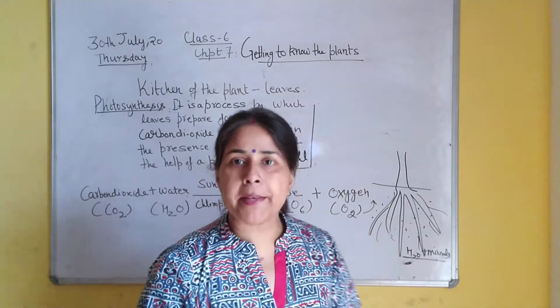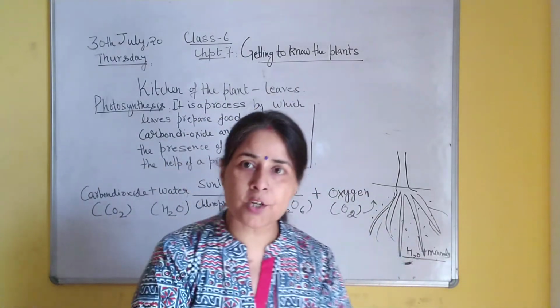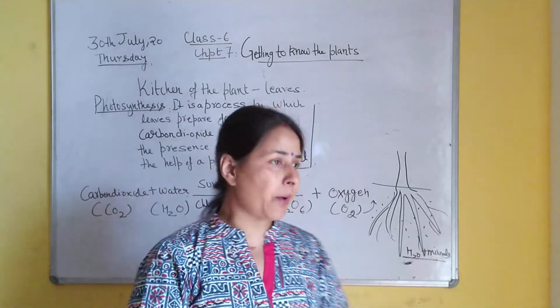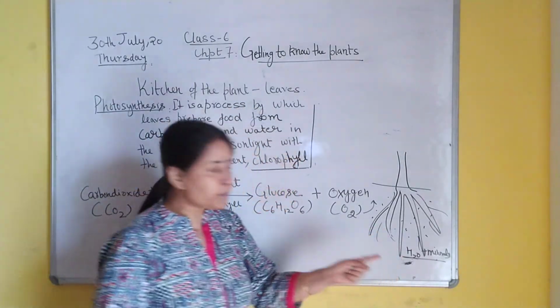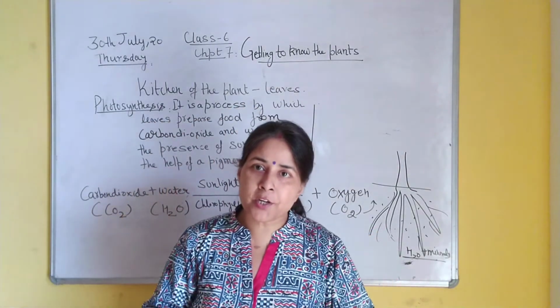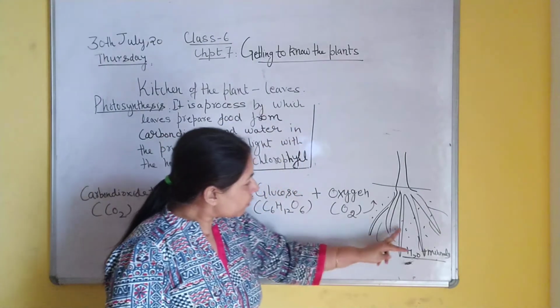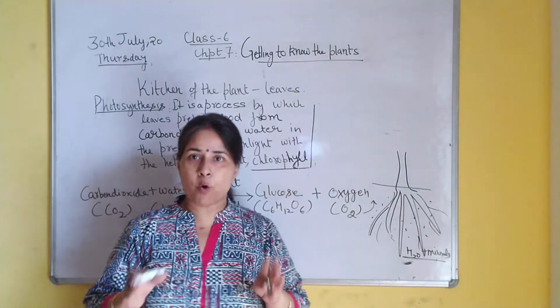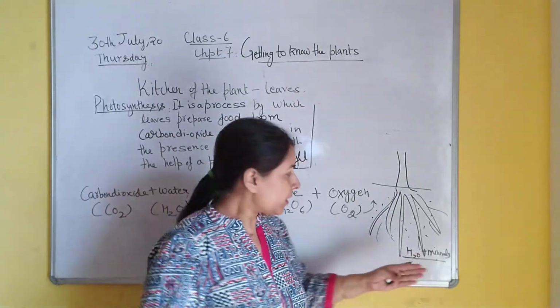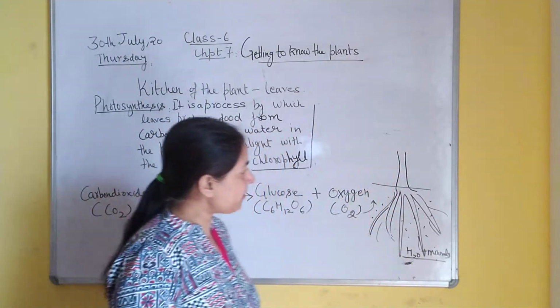When you water plants, we say water the roots of the plant. Why the roots? Because the water will reach into the soil and the roots of the plant will take water from the soil. Now water is taken up by the stem.